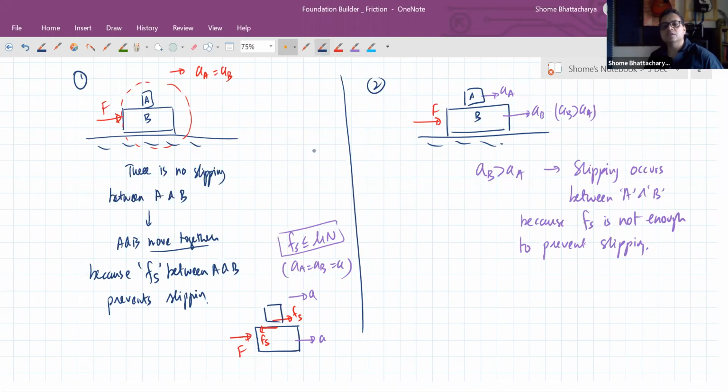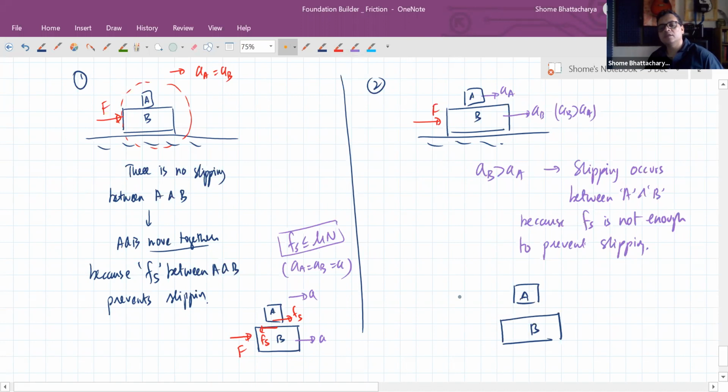Whereas in the second case, because there is slipping occurring now, what type of friction is going to act? Kinetic friction is going to act. And that will give this block an acceleration greater than acceleration of B. And kinetic friction equal to mu n will act.